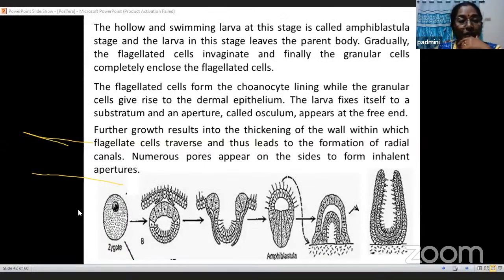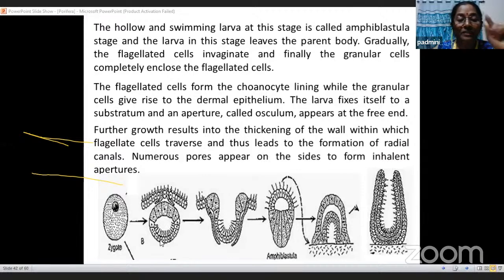So what is happening over here? When a zygote is formed, just concentrate on the picture. They undergo cell divisions, and they have some flagellated cells on one side, and they also have solid cells, the macromeres, and these are the micromere cells.